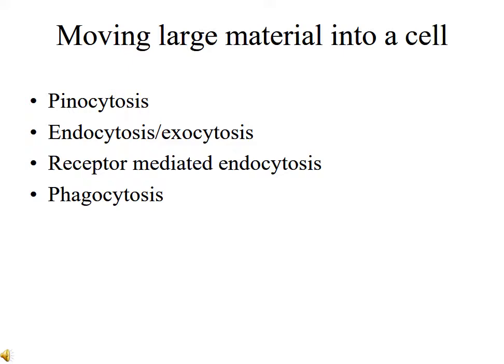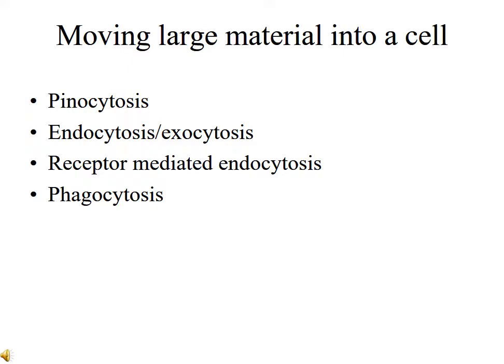However, in the movement of large material into a cell, we have a number of other processes that play a role. A cell will carry out what is referred to as pinocytosis. It will carry out endocytosis and exocytosis.